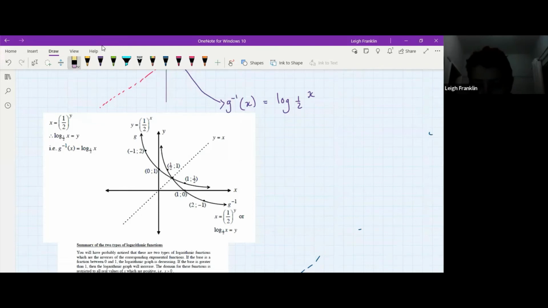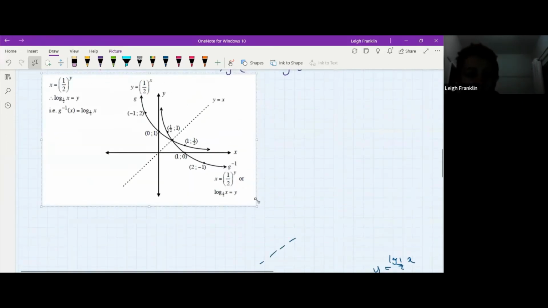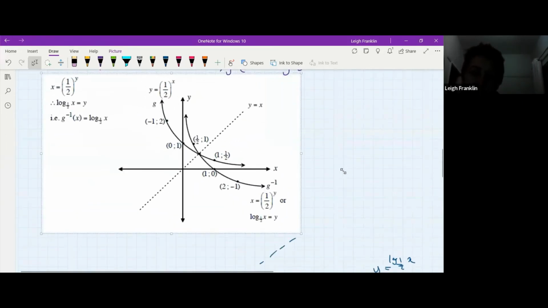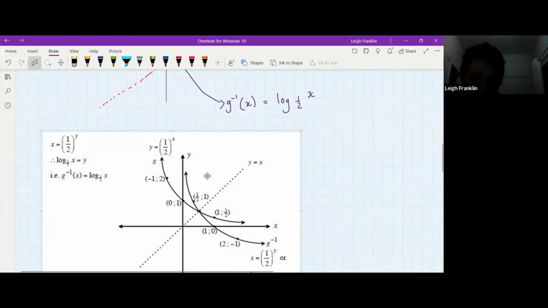So what that means for us, Matrix, is that next time we can get into this more seriously and start talking about the sorts of application questions that they would expect us to be able to answer. The other thing that you need to be aware of is that there's not just 2 types of logarithmic functions, because there are 4 types of exponential functions.